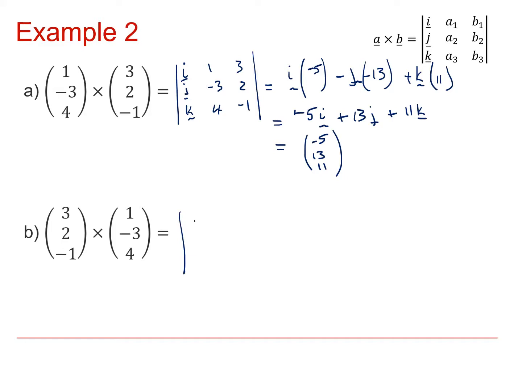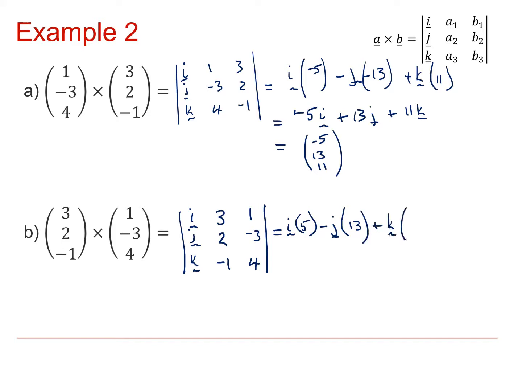Here, same thing, i, j, and k. Plug in the vectors 3, 2, minus 1, and 1, minus 3, 4. And then work that through, so i times 8 take away 3 is 5, minus j times 12 take away minus 1 is 13, plus k times minus 9 take away 2 is minus 11.